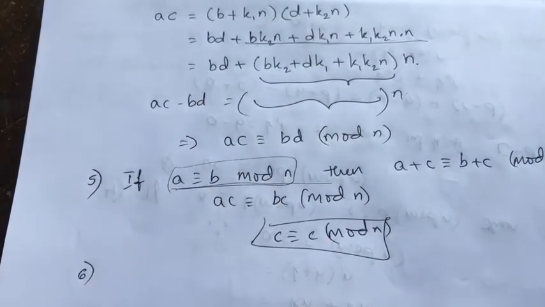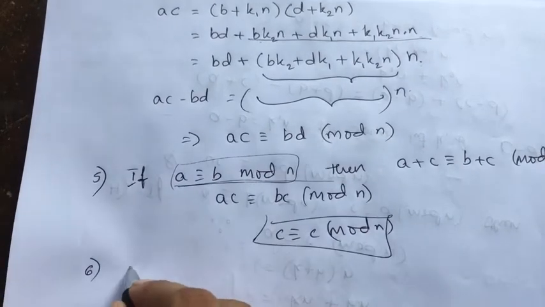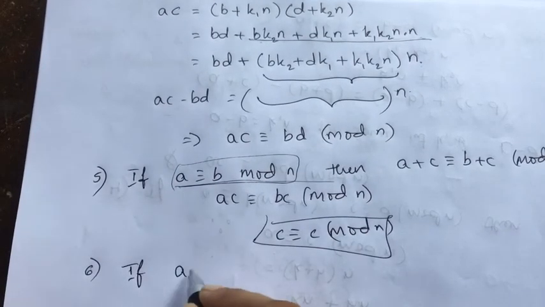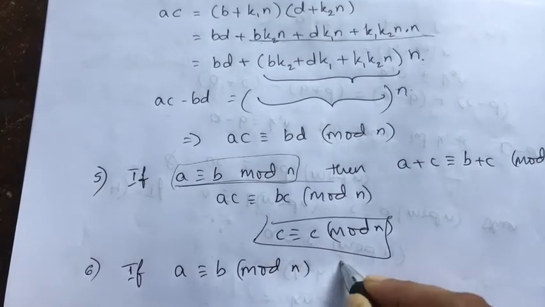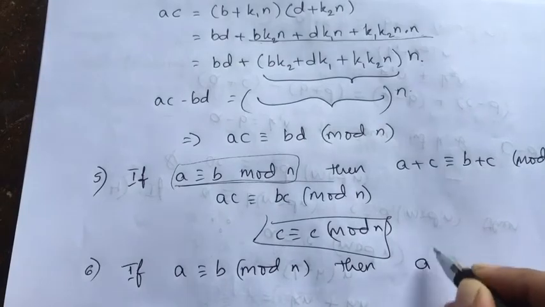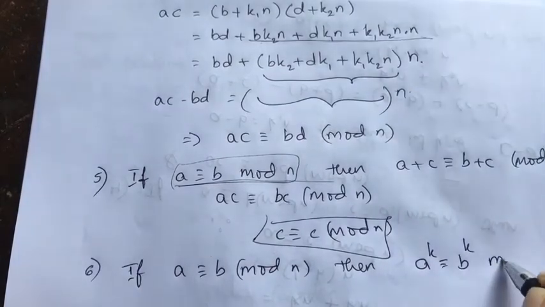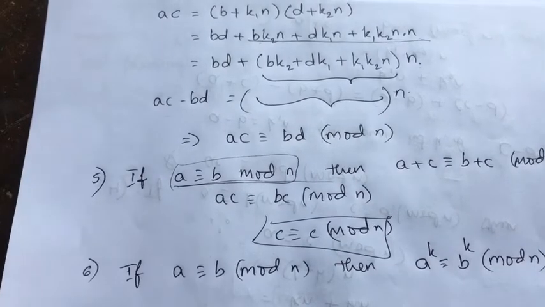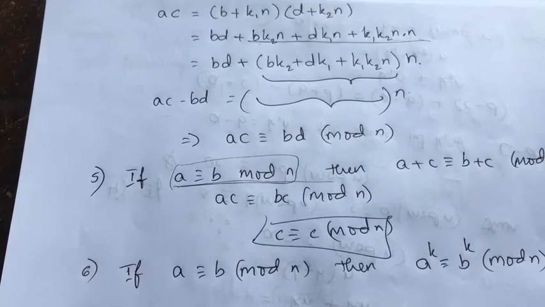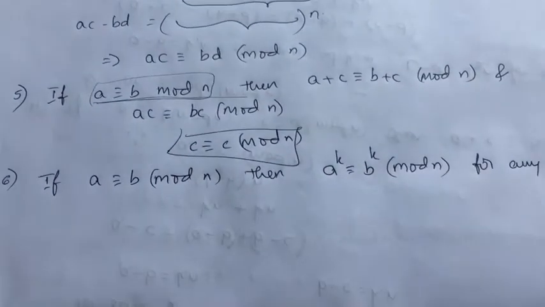Let us look at the last property. This is quite interesting. If A is congruent to B mod n, then A power k is congruent to B power k mod n for any positive integer k.